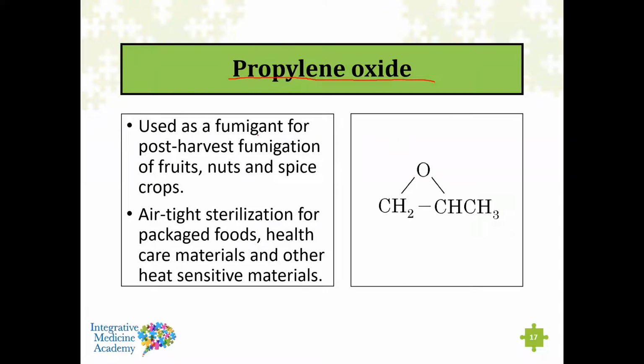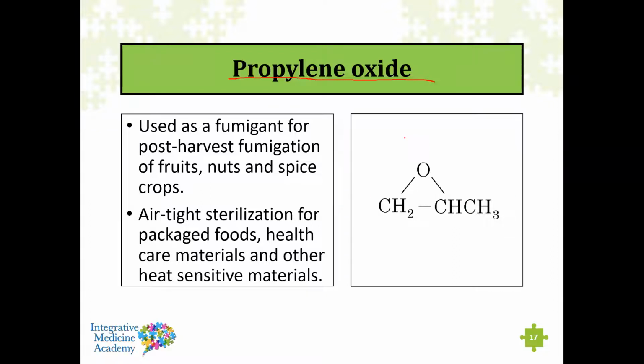And they use this as a fumigant. Okay, so for nuts and fruits and other types of produce, for example. And so it's something that a lot of us can be exposed to. So we actually shifted to buying more of our produce from an organic store that had produce that was not already prepackaged.